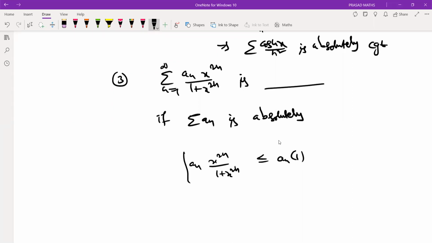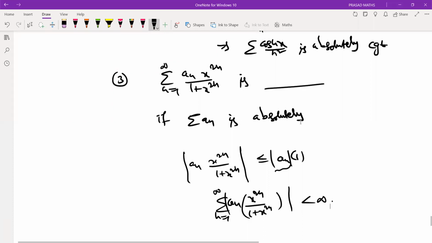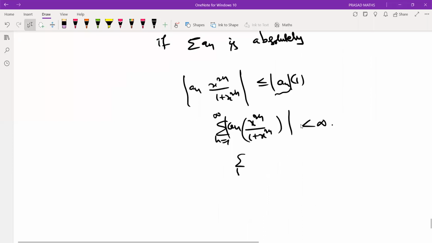You take the modulus of this, it is always less than or equal to the modulus of this, but you are given that this is absolutely convergent. By comparison test, this is convergent. This series is absolutely convergent. This series is convergent. So once this series is convergent, your original series is absolutely convergent.